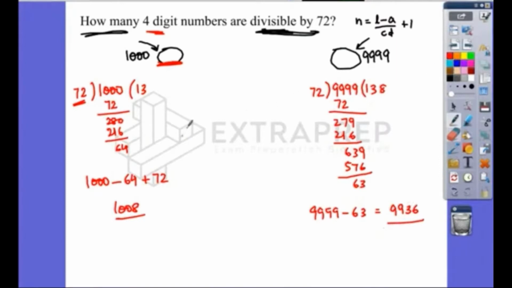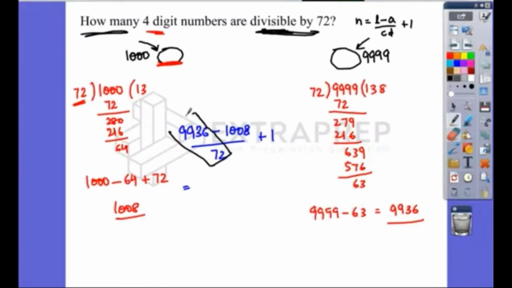Once you get these two values, it's easy to find the answer. 9936 minus 1008, divided by 72, plus 1. This is what we'll have to calculate. You can either calculate this value to find the answer, that's one way, or since we have done these calculations already, we can use that logic.